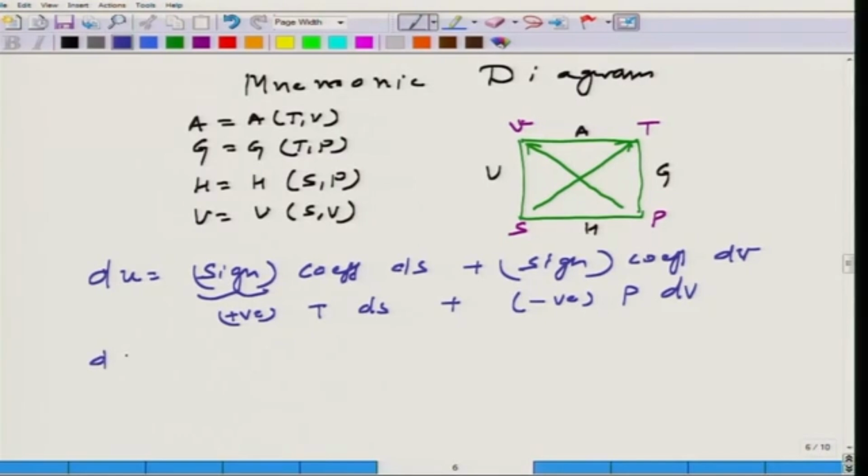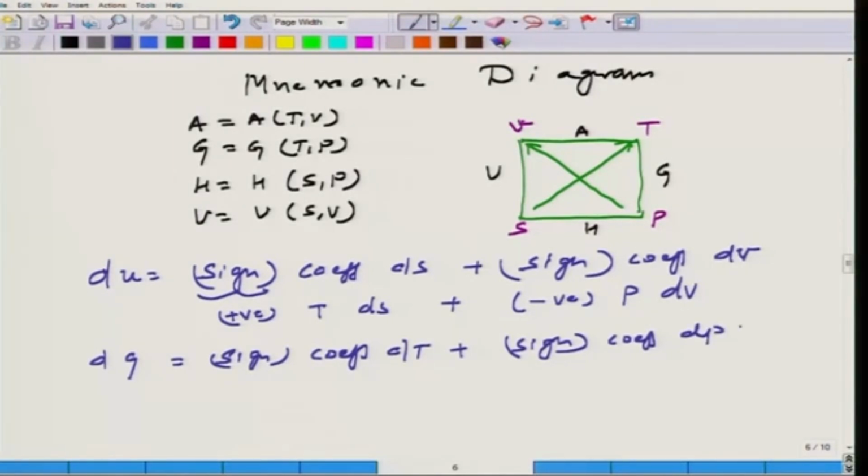So dG, let's say. Again we can think of sign, coefficient. Let's say this is your dT, plus sign, coefficient, your dP. The sign for the case of T is going to be negative because it's towards itself.